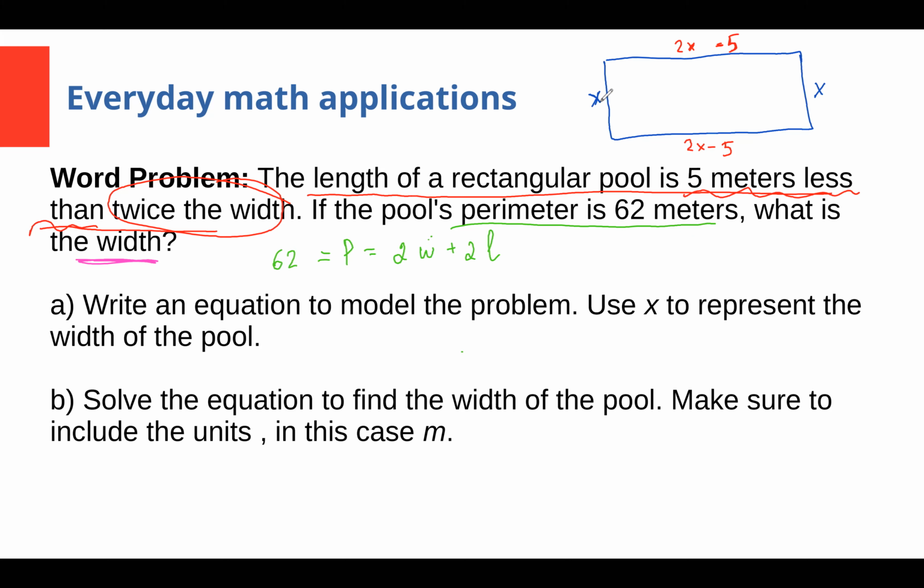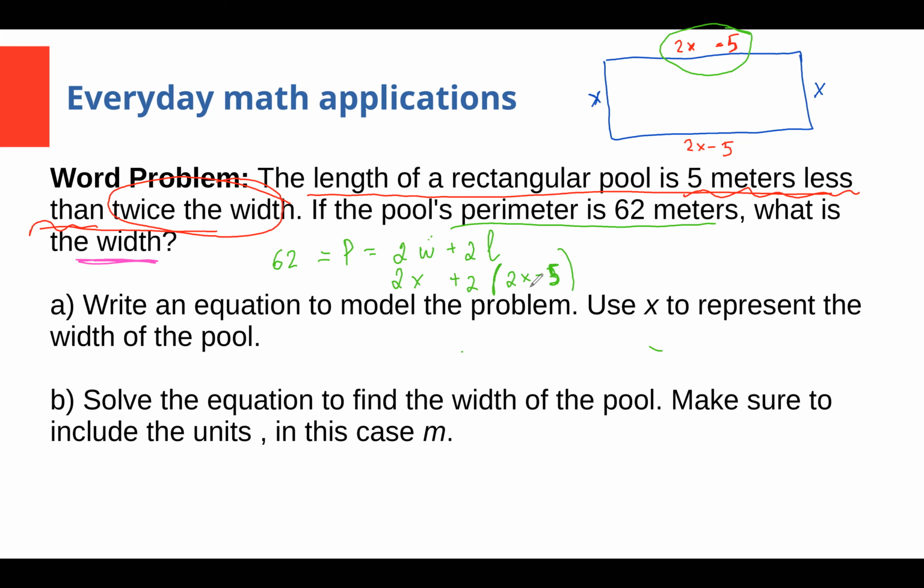For the width, we will use x, so 2x. And for the length, we will use this expression, so plus 2 times parentheses 2x minus 5. Once again, since we know that the width is x, we use x. And since we know that the expression for the length of the pool is 2x minus 5, I just replaced the L with it.